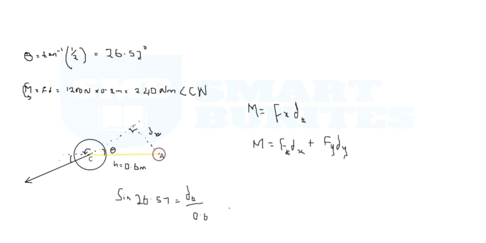This implies that our D perpendicular is equal to the cross multiplication of sine 26.57 and 0.6, right? 0.6 multiplied by sine 26.57, which is equal to 0.2684 meters.